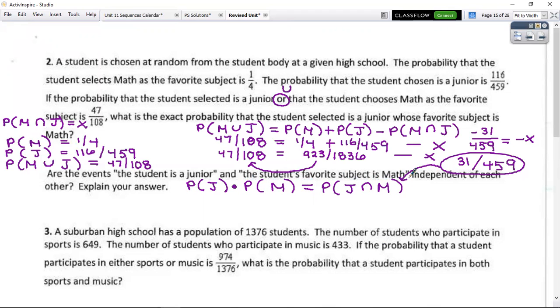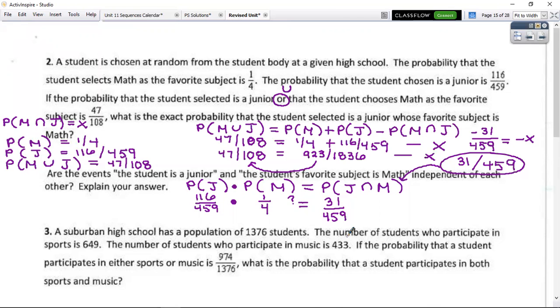So probability of J is 116 over 459 times M is 1/4. And is that equal to 31 over 459? I don't think they are.